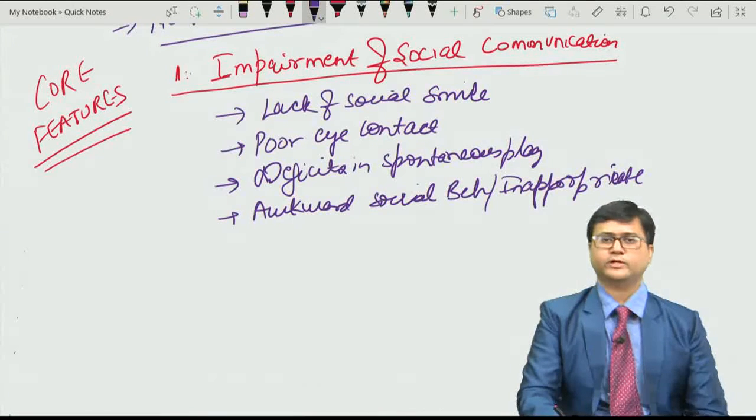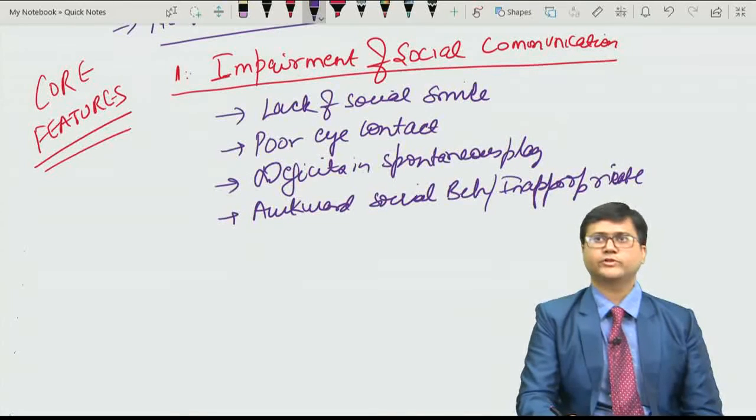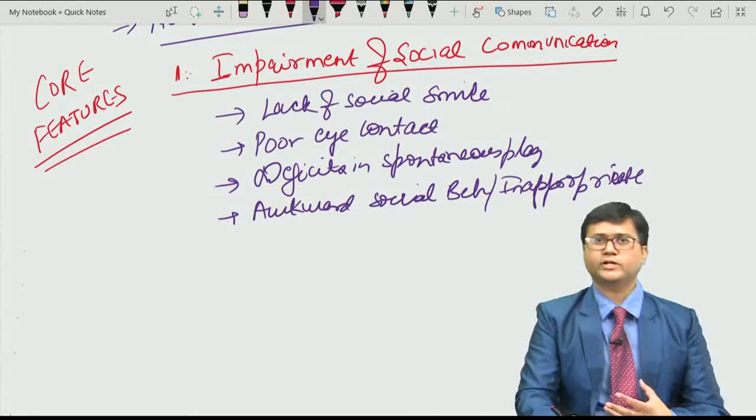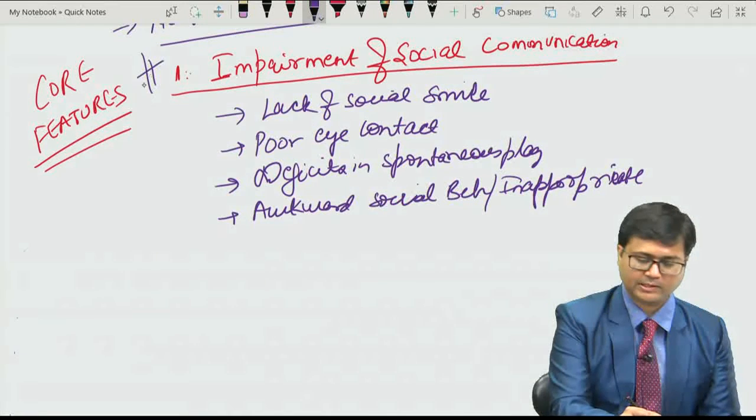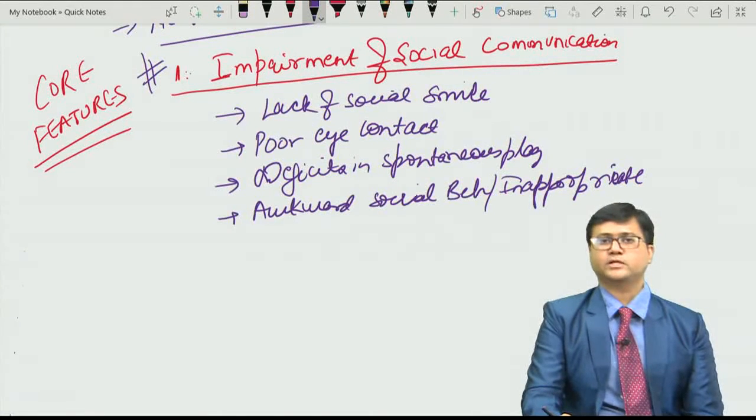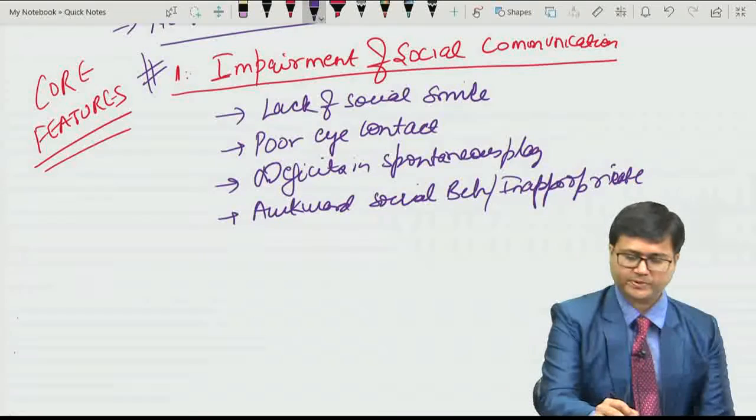The child does not communicate socially with peers or the people around, and may communicate with just one or two people like the parents. That too may be impaired. So the first important core feature is impairment of social communication.